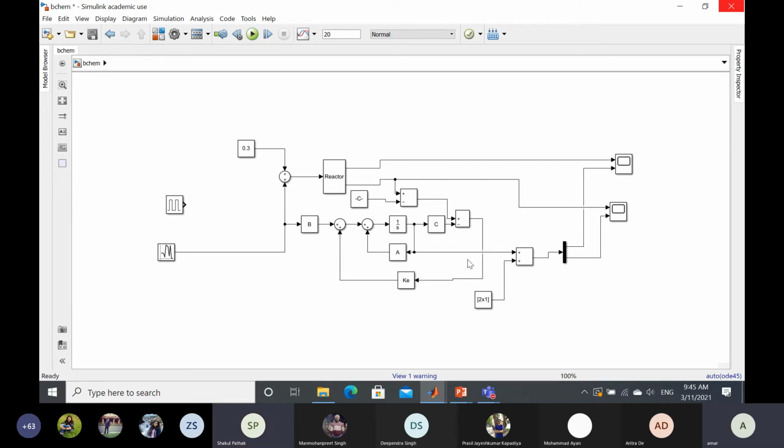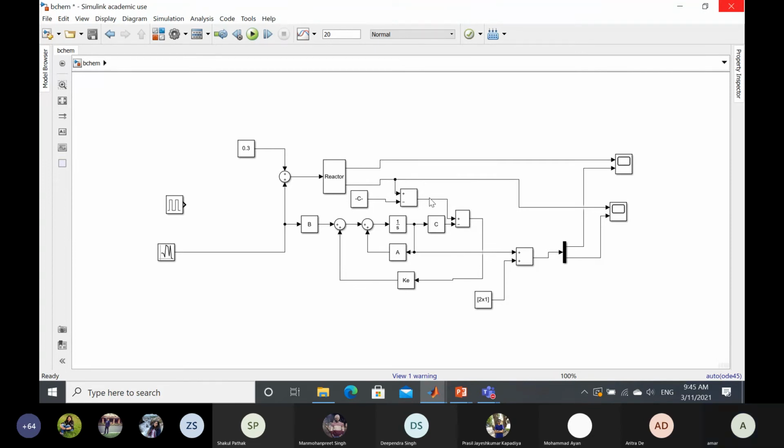So you are doing that subtraction. Yeah. So the observer is designed based on the deviation variables, whereas this reactor is basically done based on the original variables. So since we are using the original variables, we have to convert to the deviation variables over here.